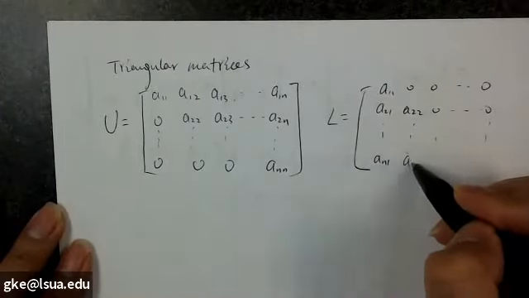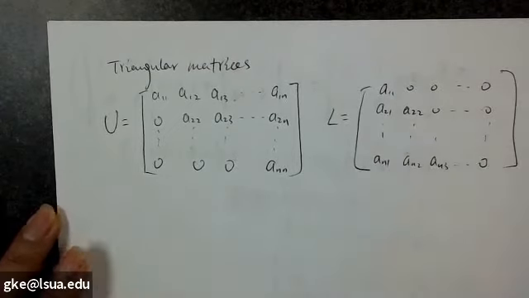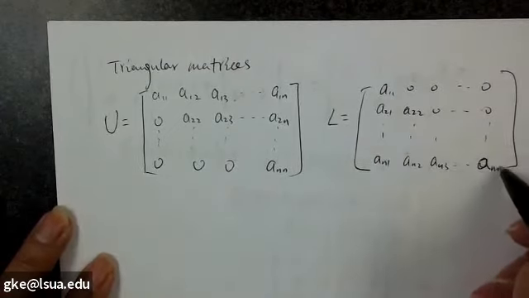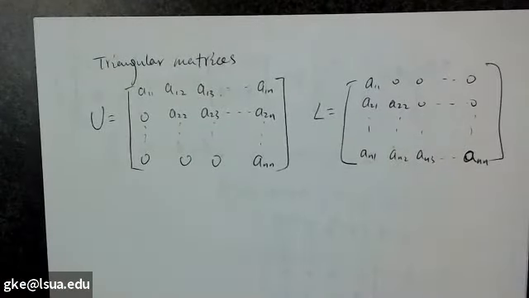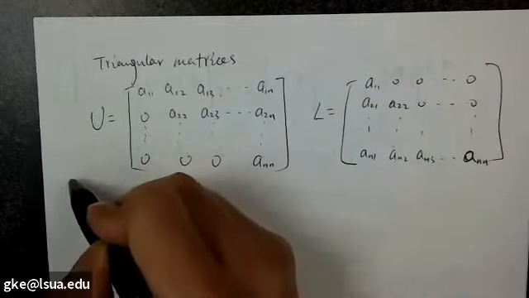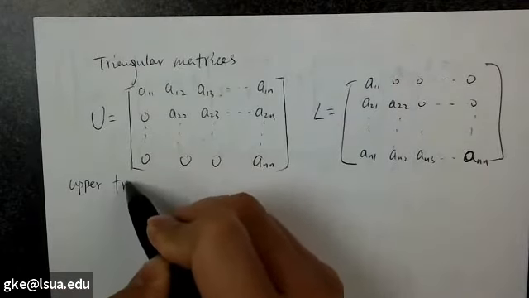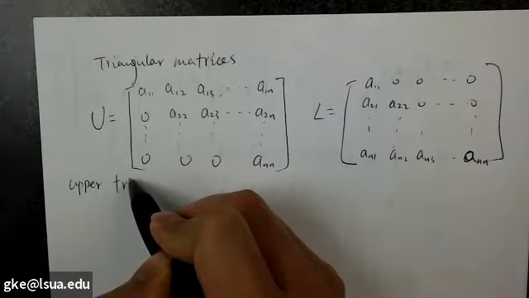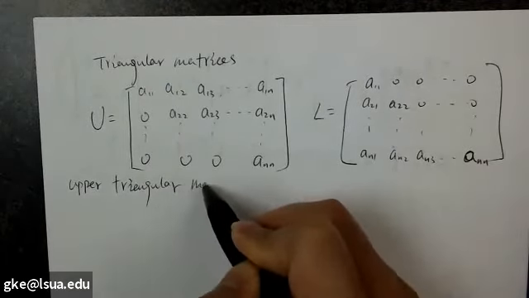And the second: AN1, AN2, or ANN. Okay, so the first triangular matrix we call the upper triangular matrix.